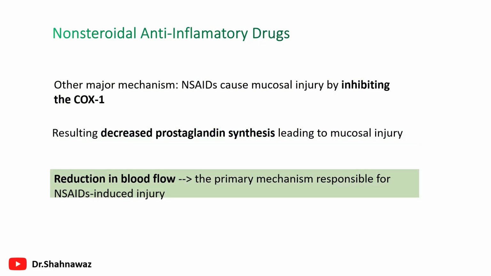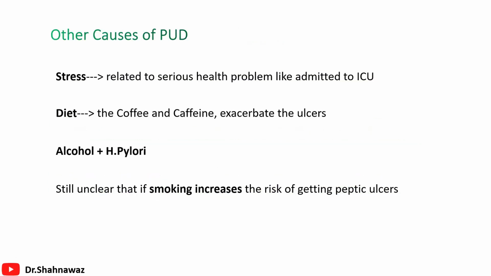In the previous slides, we looked at how NSAIDs cause mucosal injury. And what could be the other causes of PUD? Stress related to serious health problems, like when patients are admitted to the ICU, or some older patients, or other stress such as psychiatric problems, could also lead to PUD.